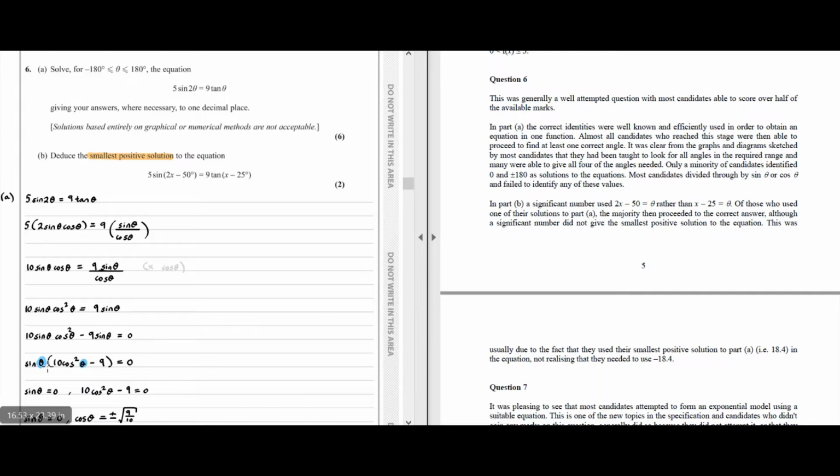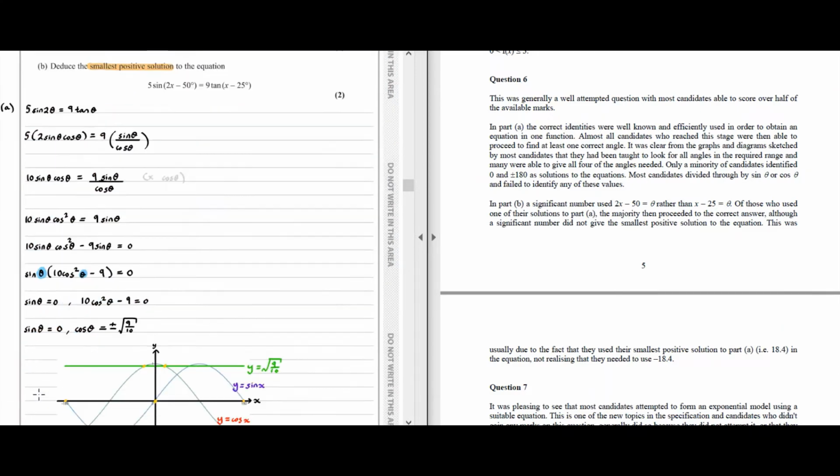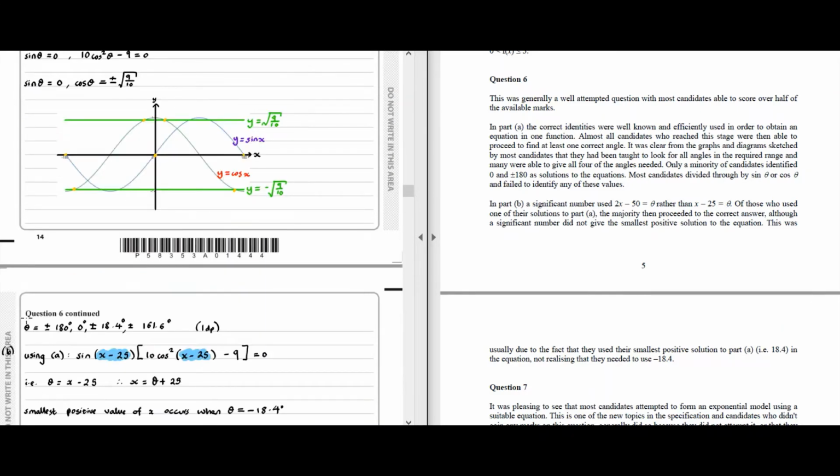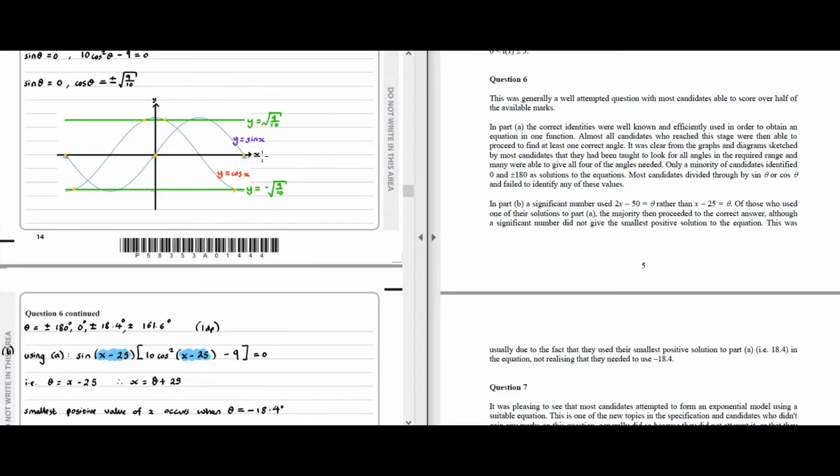And I think it becomes quite obvious from this line why we have sine theta equals 0 and then having those 0 and 180 degrees as our answers. And obviously drawing a sketch will help identify the correct angles you need. For part B, a significant number used 2x minus 50 equals theta rather than x minus 25 equals theta.